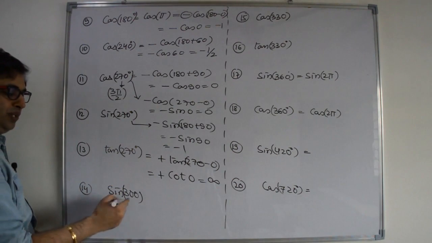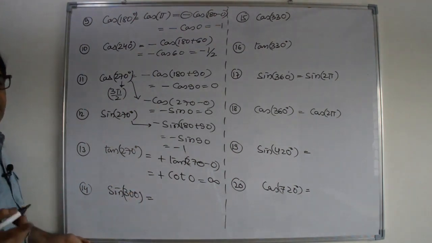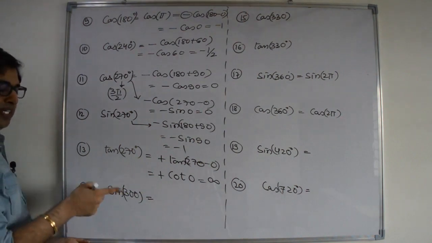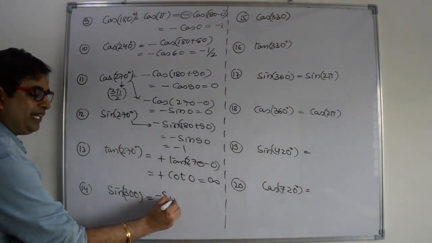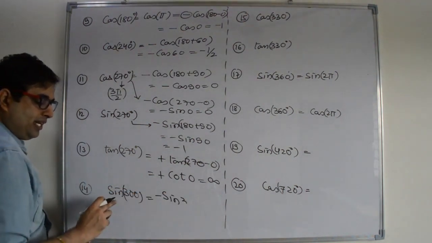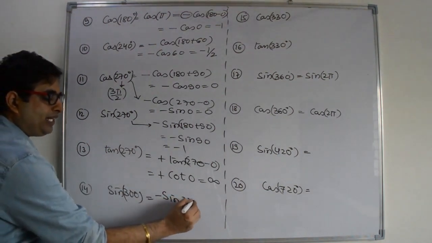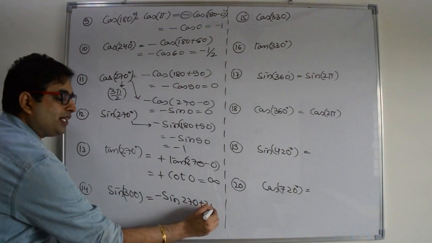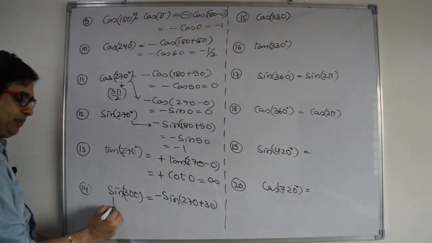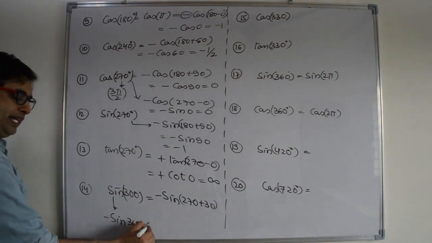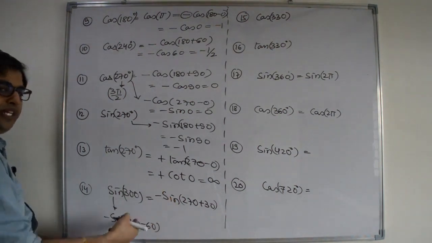Sine 300, more than 270. If it is more than 270, then which quadrant? Fourth quadrant. ASTC. In the fourth quadrant, cos is positive, so sine will be negative. So it is minus sine, and we can break it in this way, plus 30. Or you can break it in another way also, 360 minus 60. It's your wish, you can use any one.